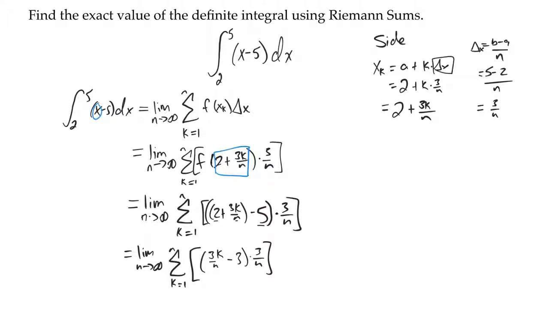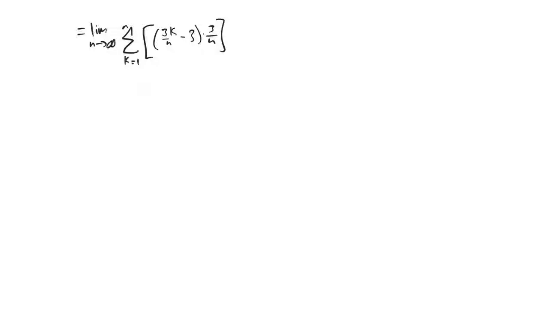Alright, so I'm going to move this to another page. Okay, so we've got it on a nice clean page, so let's continue. So we've got the limit as n goes to infinity of the sum of k equals 1 to n. And so if we expand this out, we get 9k over n squared minus 9 over n.